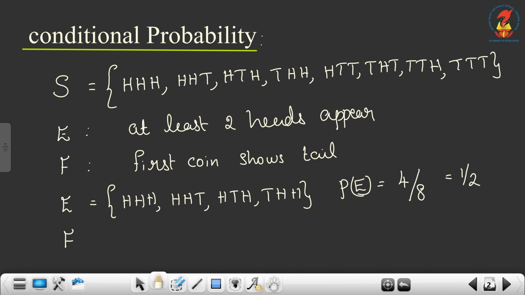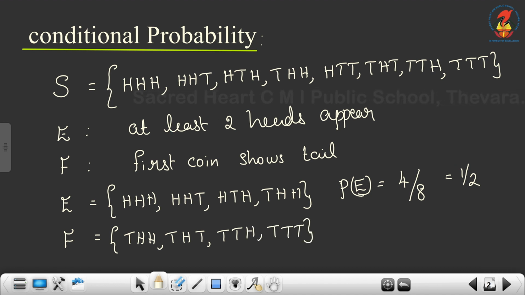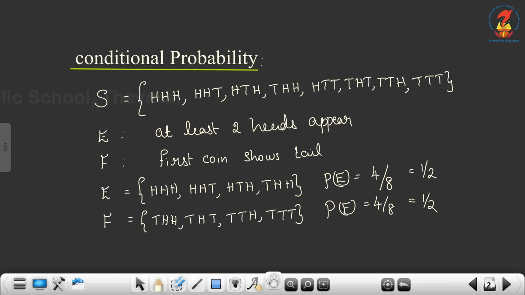Then what is F? F means the first coin is tail. So I can write THH, THT, TTH and TTT. Okay. So P of F is again 4 outcomes by 8, that is 1/2. Then is there intersection?